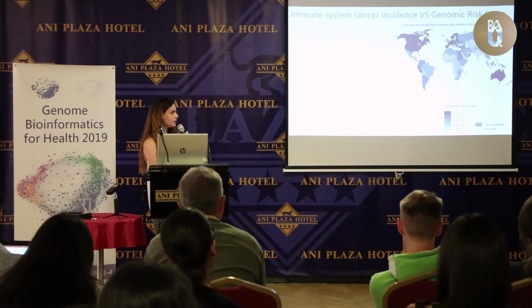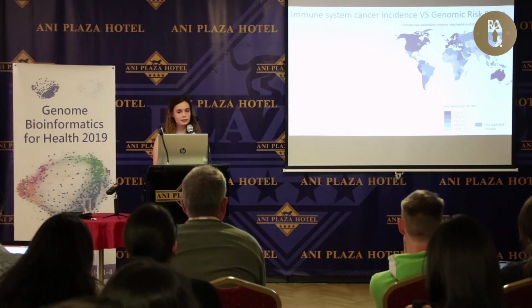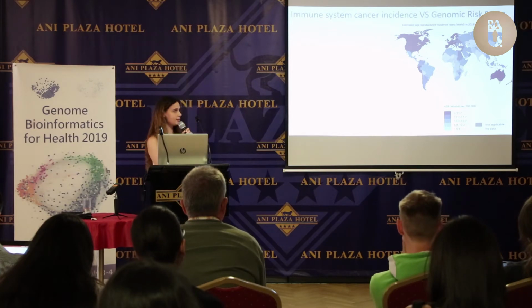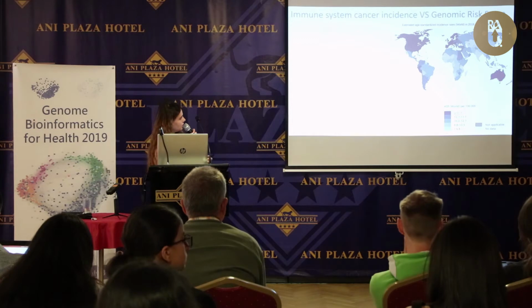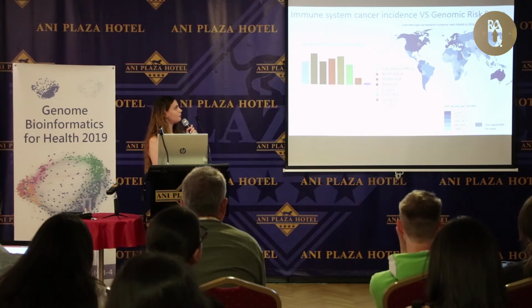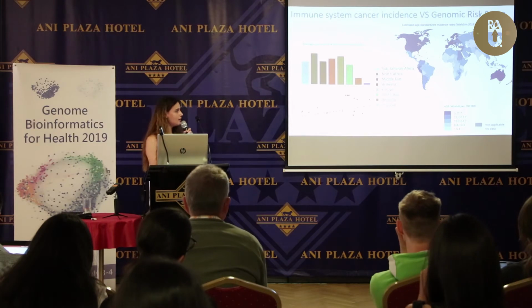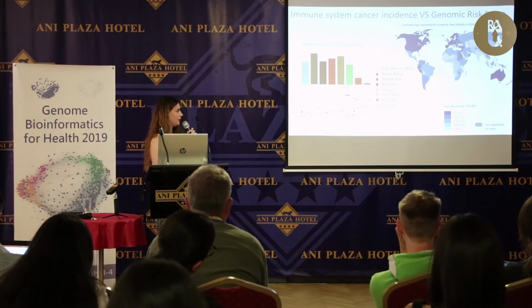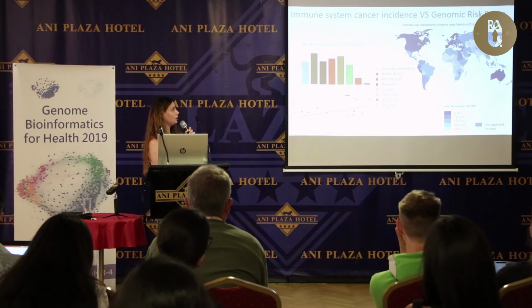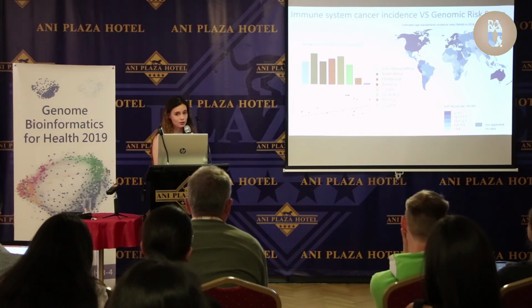And also it was interesting to compare the real immune system cancer incidence and the genomic risk score. Here is a map of the incidence worldwide reported last year. And here is the average genomic risk score for all immune system cancer in all geographical regions. You can see a little bit of correlation between incidence and the genomic risk score.